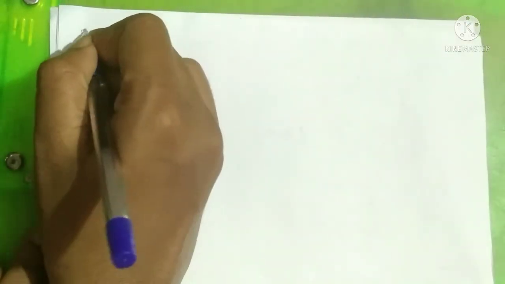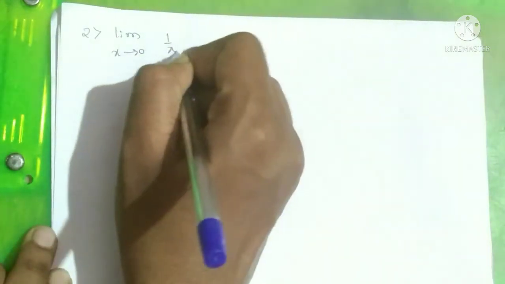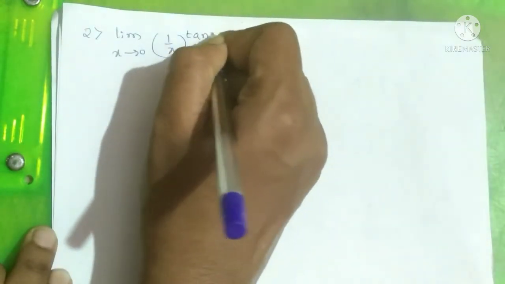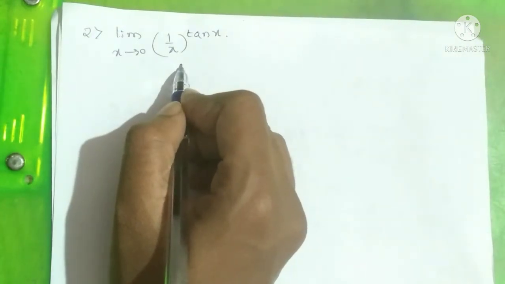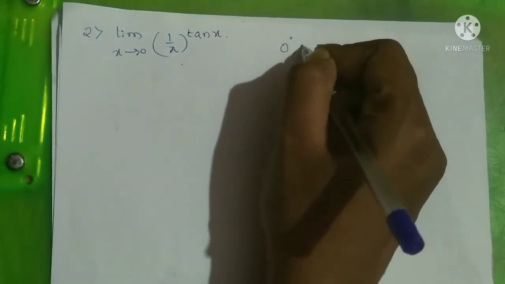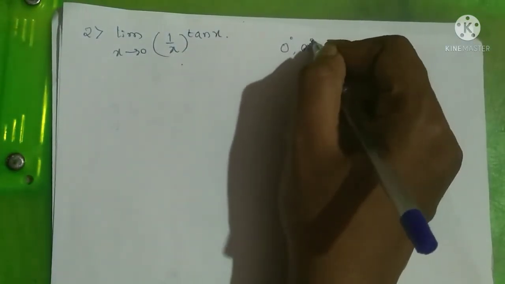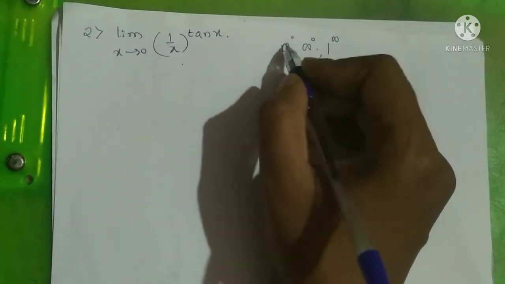Now let's solve one more problem, that is limit x tends to 0 of (1 by x) whole to the power of tan x. So let's see which type of indeterminate form it is. You have three types, as you all know: 0 to the power of 0, infinity to the power of 0, or 1 to the power of infinity. Among these indeterminate forms, it will be of any one type.